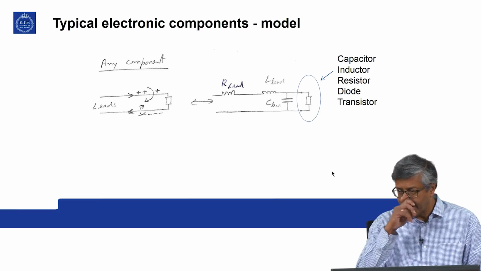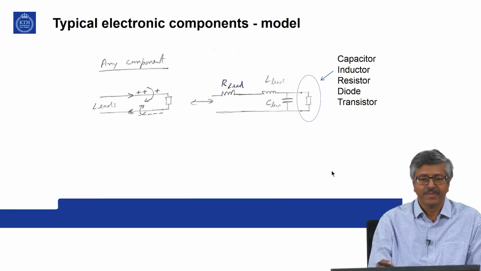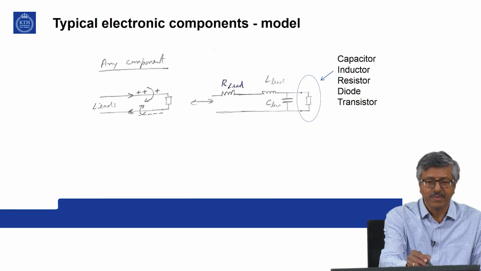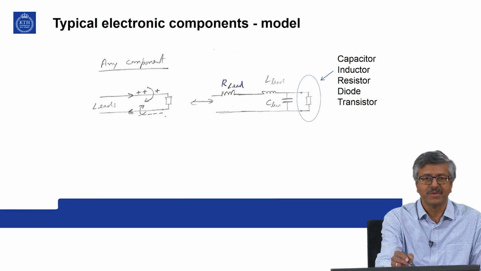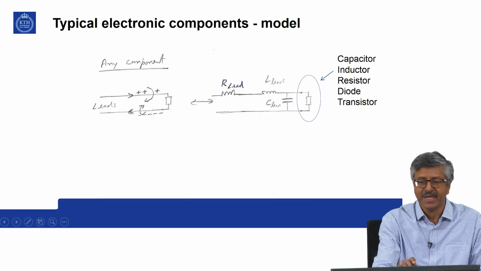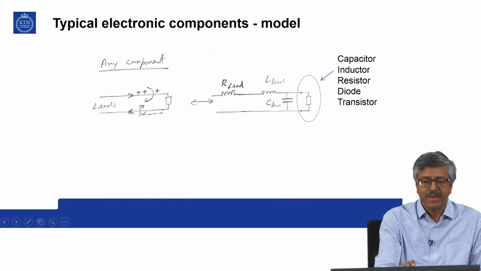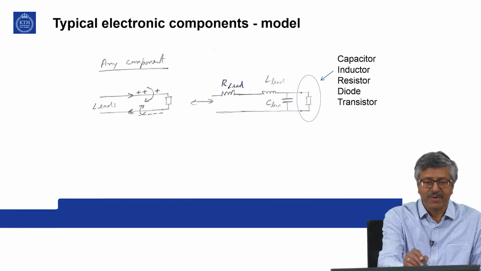Now, take any component. Usually this component will have some lead, which is in the form of a small round wire connected to the component. The moment you have conductors, we have seen in the previous module that it has some electric field and some magnetic field around it.